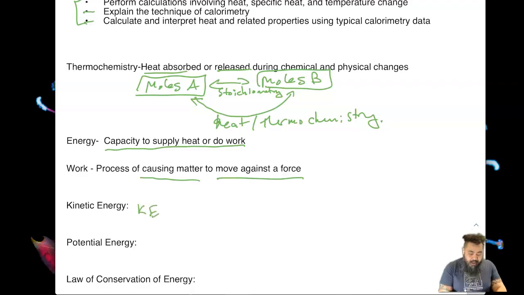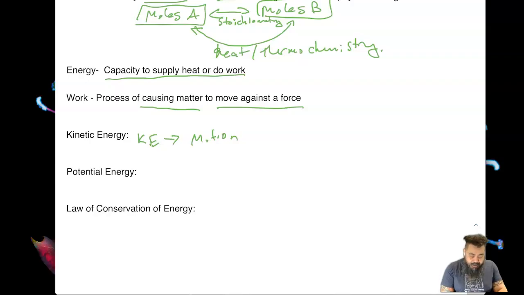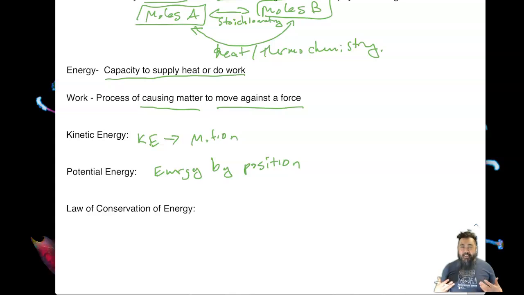Kinetic energy is sometimes illustrated with a KE on here, and this is all the energy of motion. So when things are moving around, that kind of energy. Potential energy is where we start to think about energy by position. So just by how a system sits at a specific time, it may have some sort of energy.